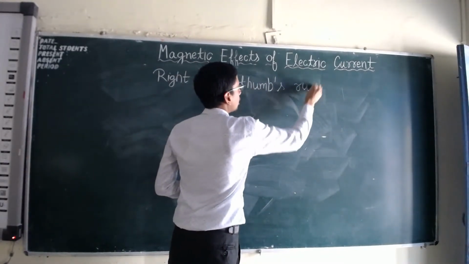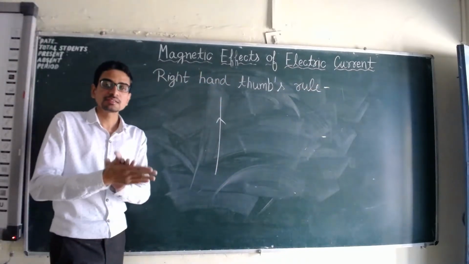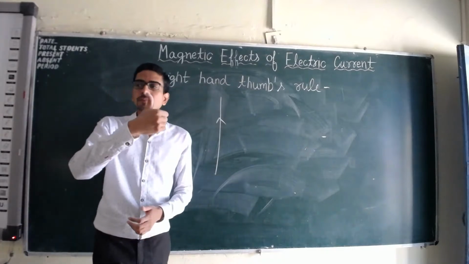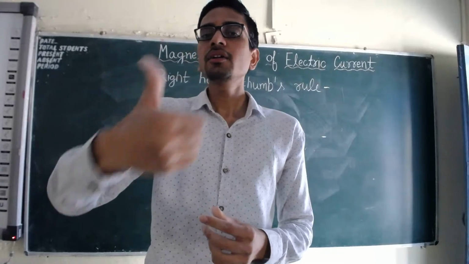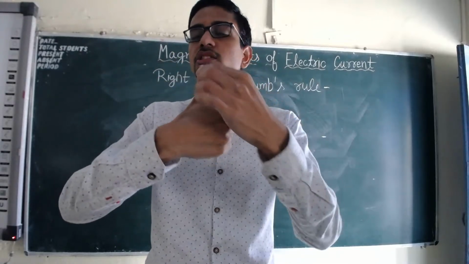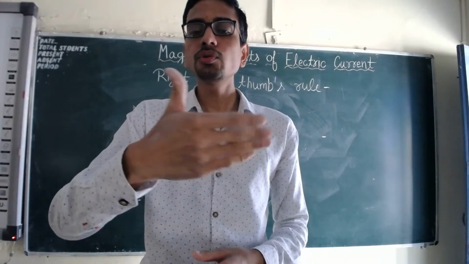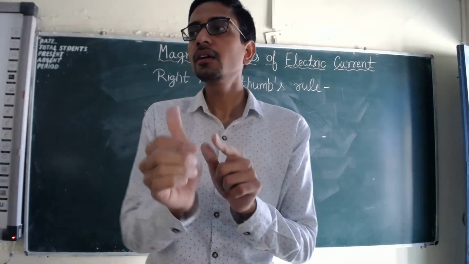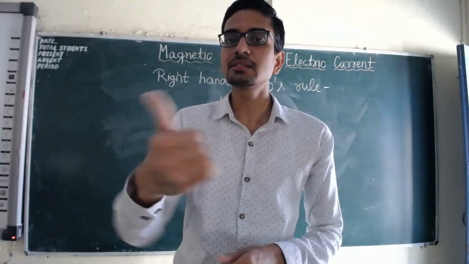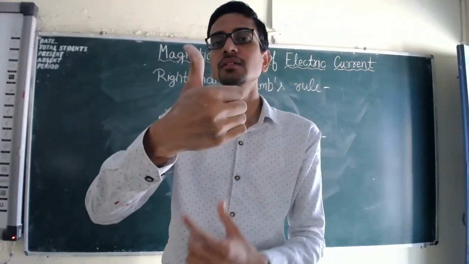So what you have to do, take your right hand. This is my right hand. Okay, you can see in the figure. Apna right hand you have to lift, and this is your thumb. Okay, so what you have to do, you have to put the thumb upwards and wrap your fingers like this. Okay. Imagine that there is a wire inside your thumb.